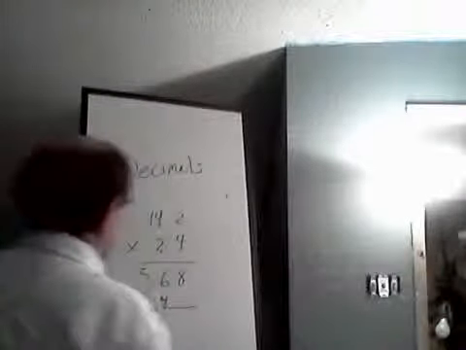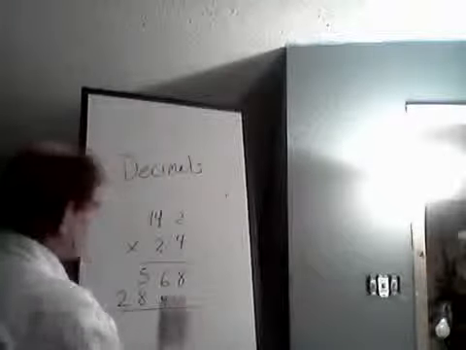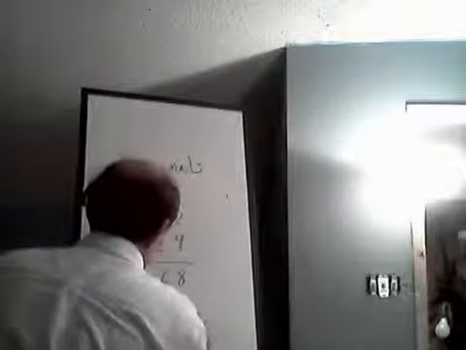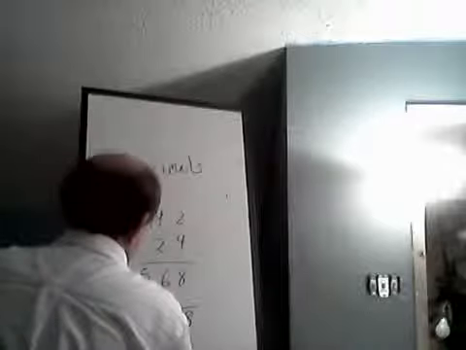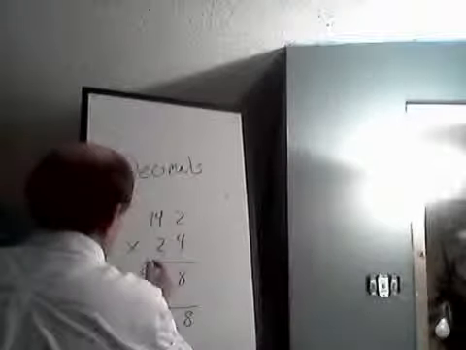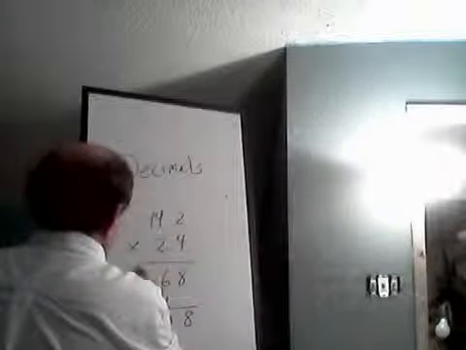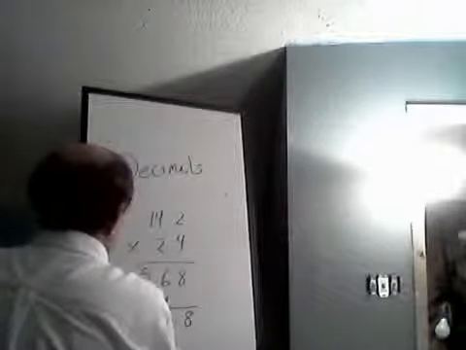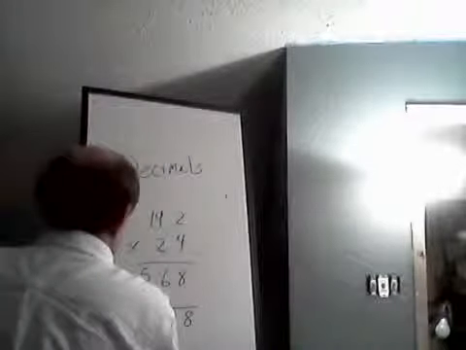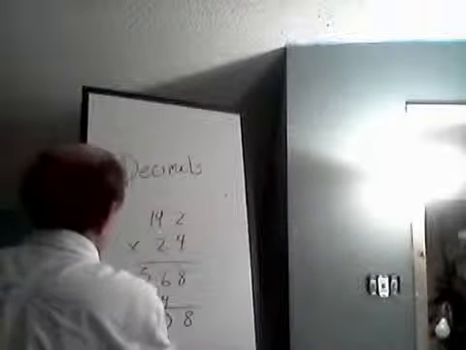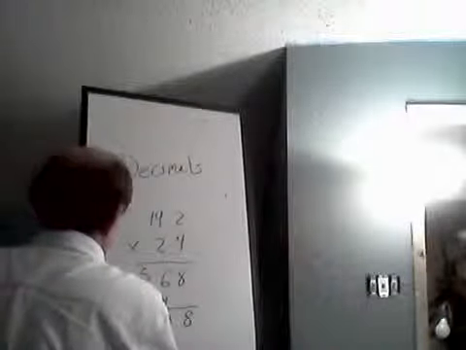Now, you then go ahead and do this. 8. 6 and 4 is 10. Got that 1. You bring it over here to make it 1. 1 plus 5 is 6. And 6 and 8 is 14. Bring that 1 over again. Carry it over. 1 and 2 is 3.